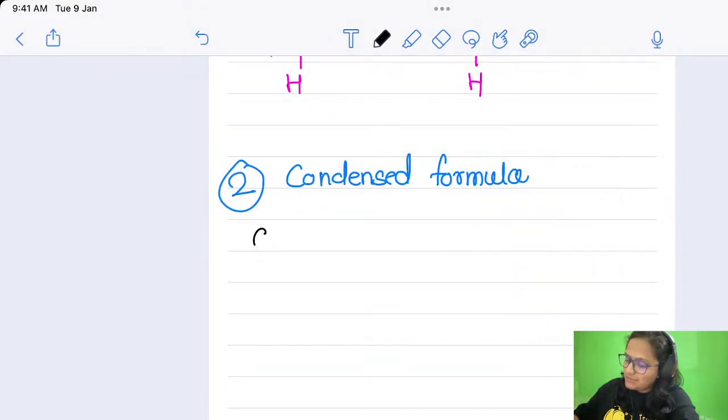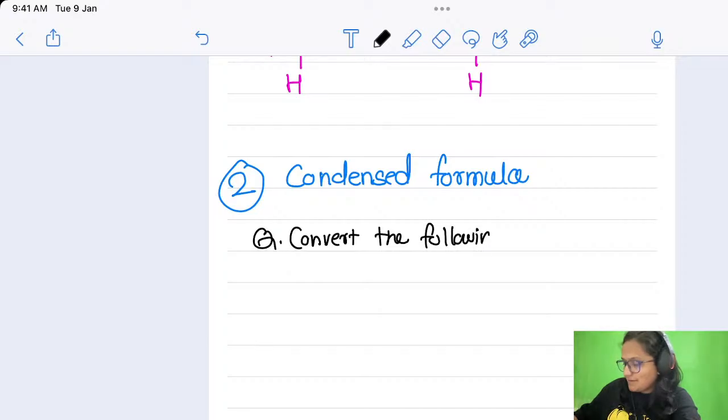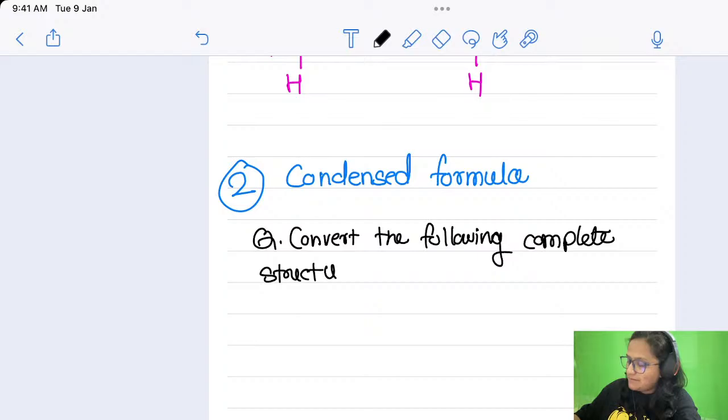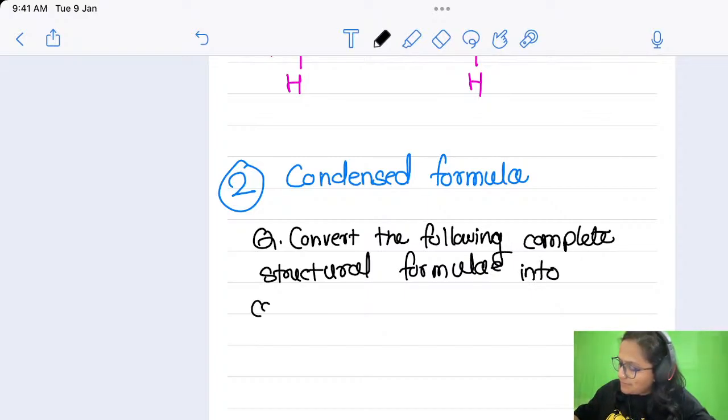The question is: convert the following complete structural formulae into condensed formula.